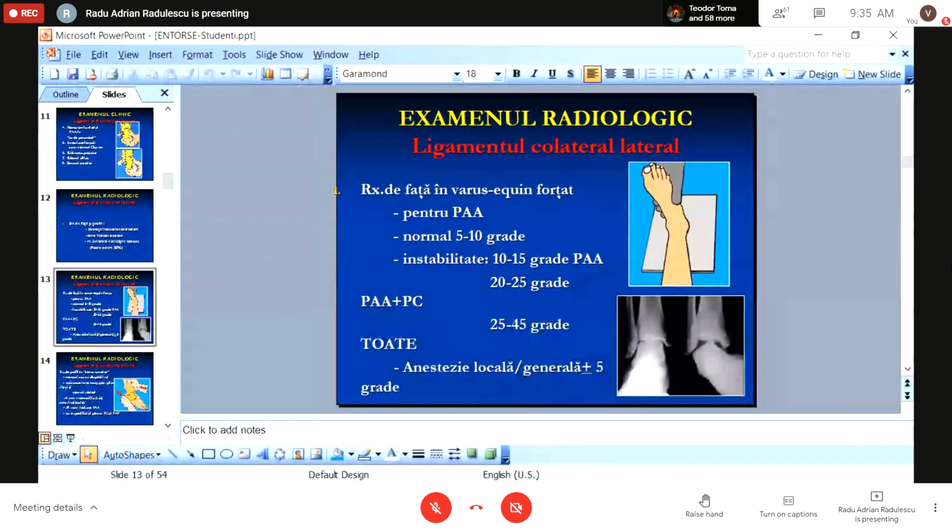But of course, it's mandatory for the patient to be under anesthesia, because otherwise he will not allow you to put his ankle in this position, the same position in which he had the trauma, immediately after that, because that will be very painful.